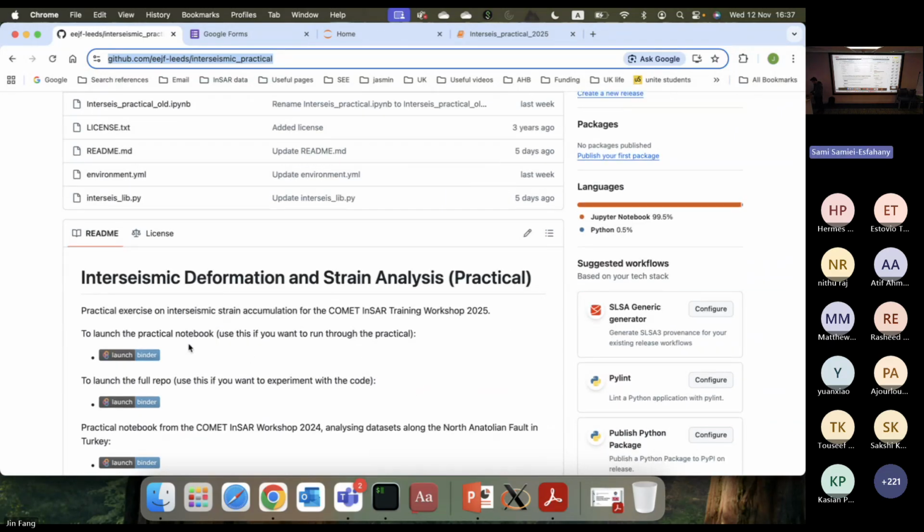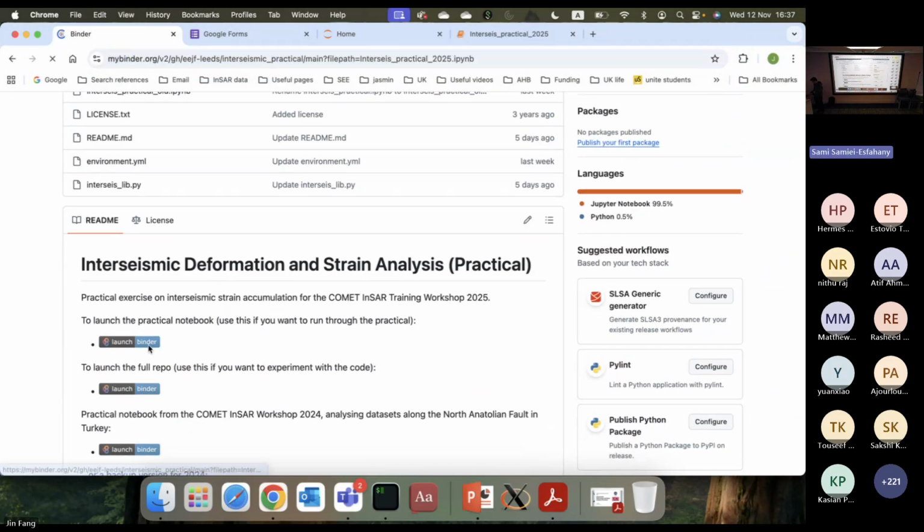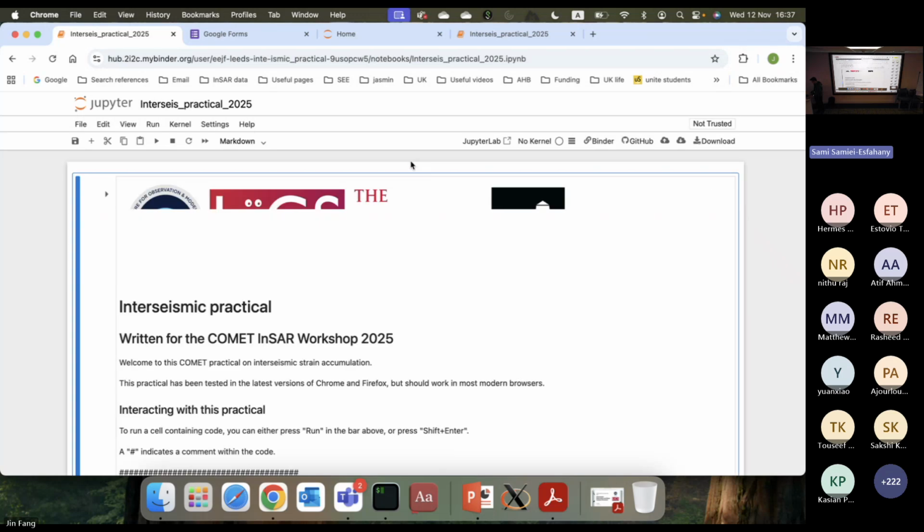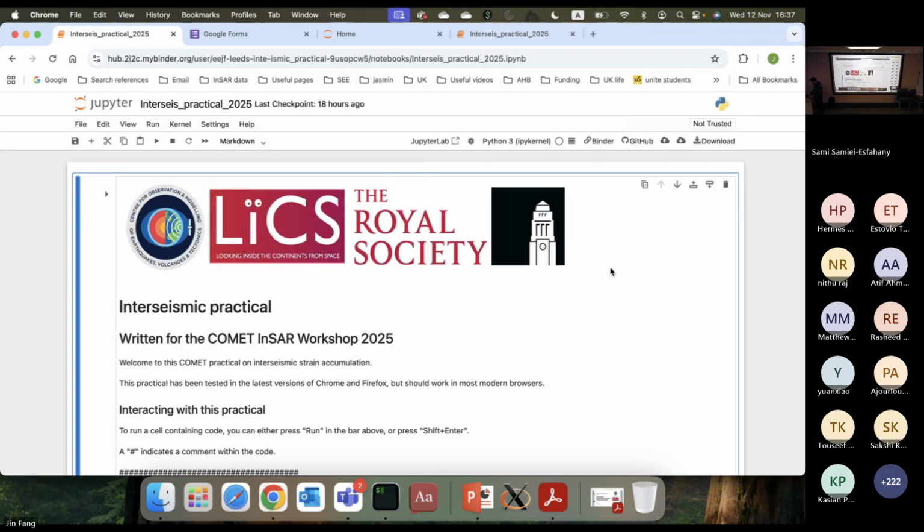Okay, so let's click the first link to launch the practical notebook. Everyone has got the binder launched now, or anyone having issues?